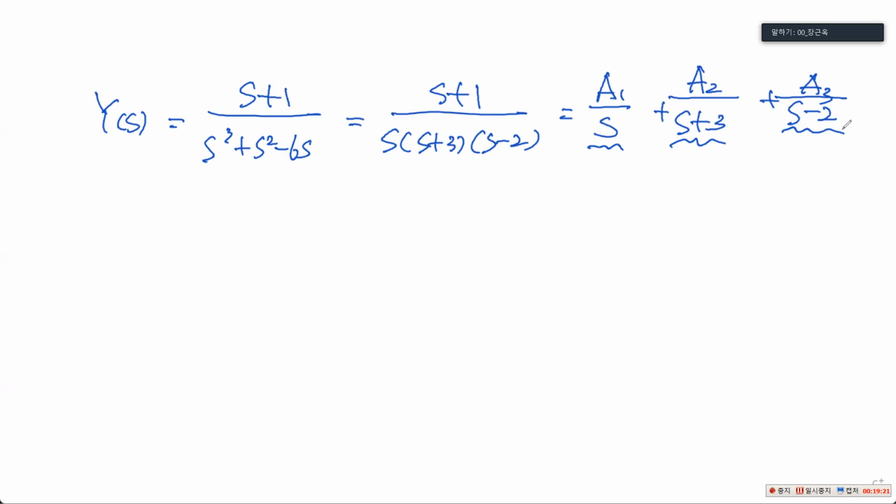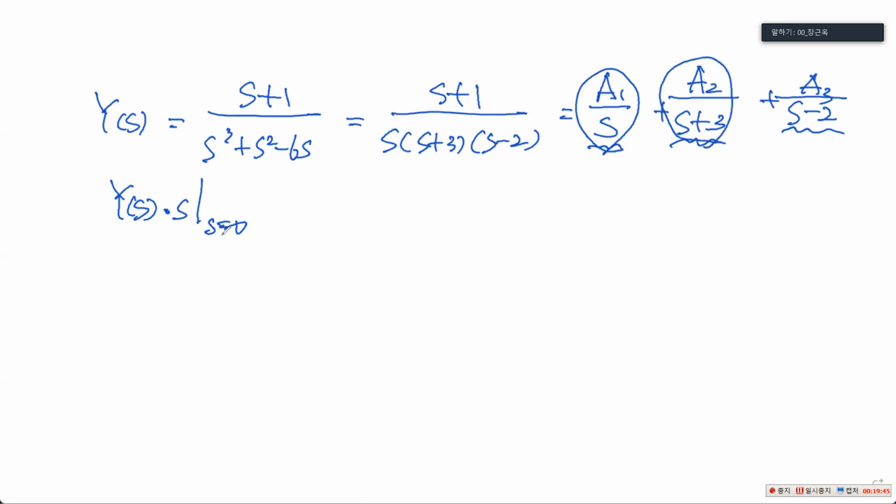First of all, I would like to put Y(s) multiplied by s and put s equal 0. Then multiply by s, so it will be just A1.